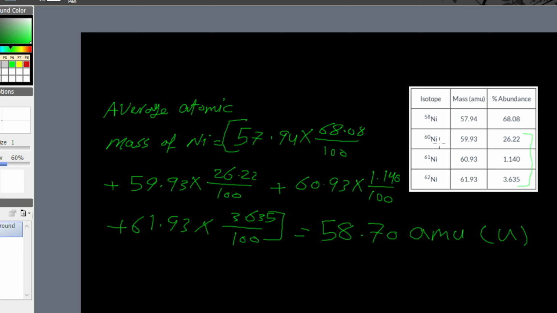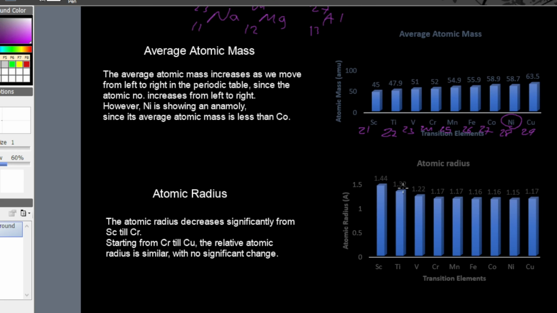So this is, for example, nickel 60 with 26.22%, and nickel 61 with 1.1%, and nickel 62 with 3.6%. So with this high abundance of nickel 58, you get an average atomic mass of nickel of 58.70.